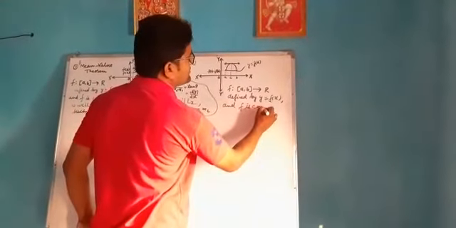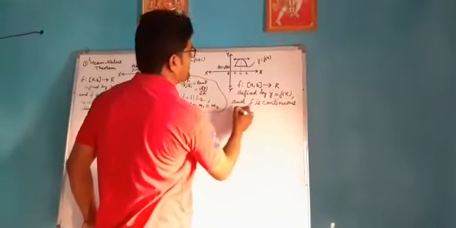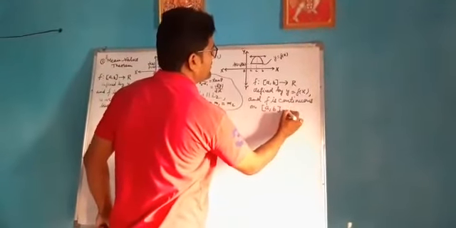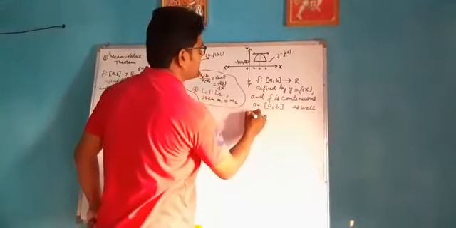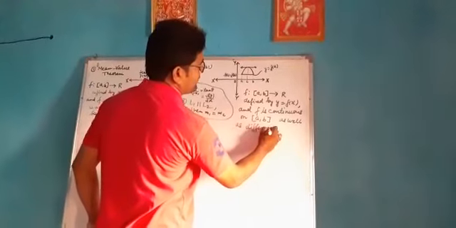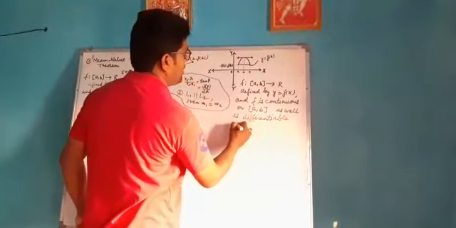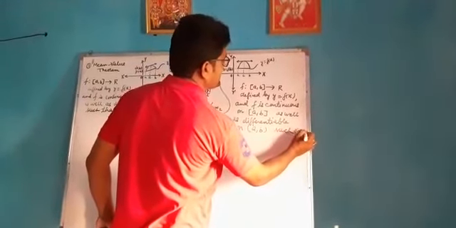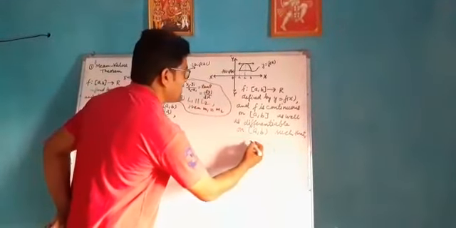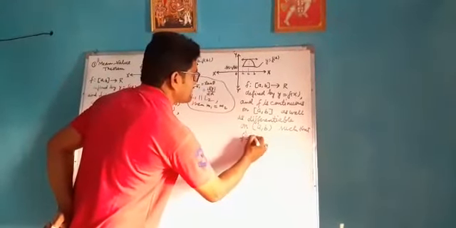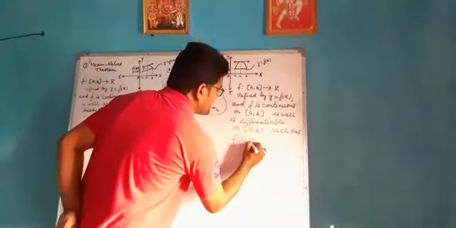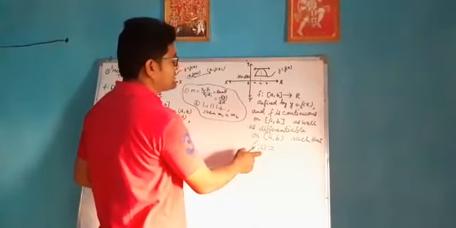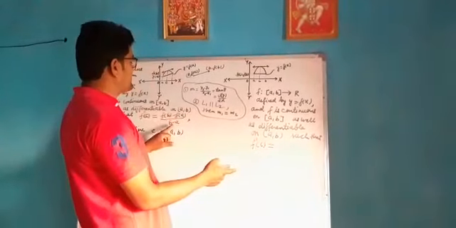f is continuous on the closed interval [a, b], as well as differentiable on the open interval (a, b), such that f dash c is equal to, here you see, the same derivative of the function y with respect to x is f dash c. f dash c is equal to the difference of y coordinates by the difference of x coordinates.